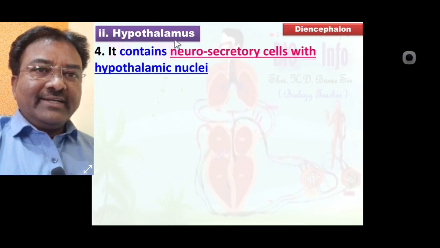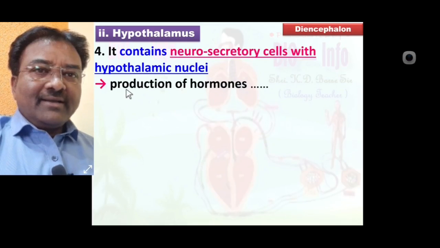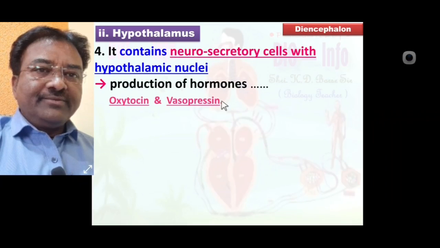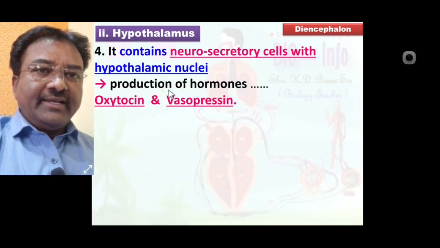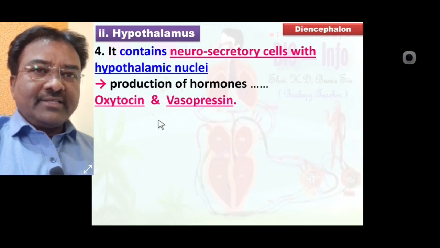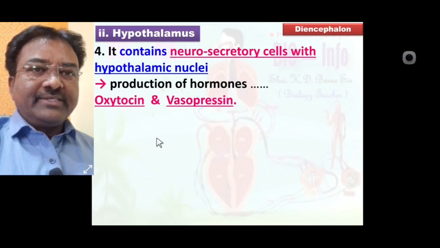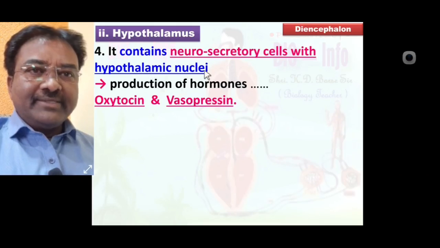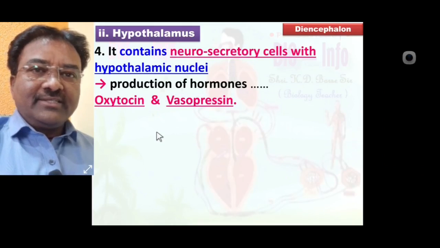The hypothalamus region contains neurosecretory cells which produce hormones known as oxytocin and vasopressin. These two hormones are specially for hypothalamus, secreted by neurosecretory cells of hypothalamic nuclei, known as oxytocin and vasopressin.